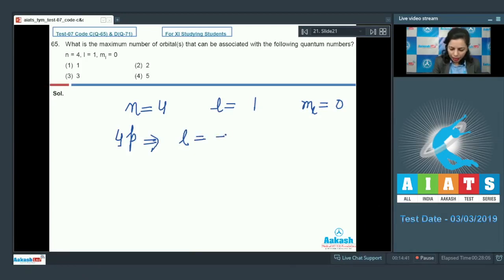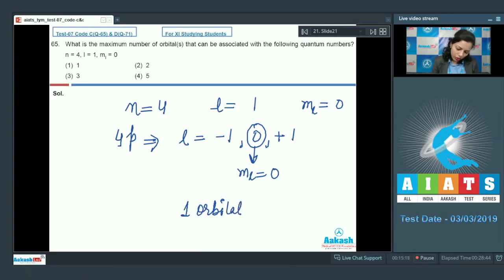Those are -1, 0 and +1. And if we are talking about the value of magnetic quantum number being 0, then in this case the orbital associated with this would be 1 only, in which 2 electrons can be accommodated. So simply in this case, one orbital can be there that would be associated with the given set of quantum numbers, and that's why option 1 becomes the correct option.